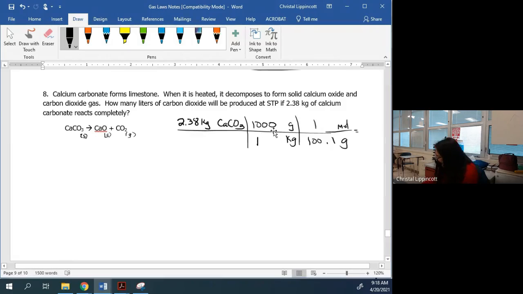All right, so I got 23.8 moles, 3 sig figs, so 23.8 moles of this.